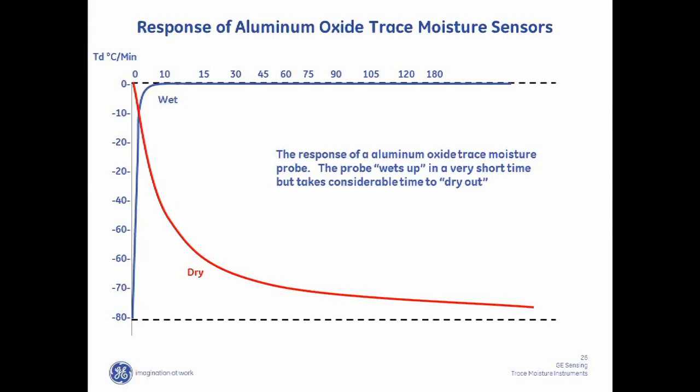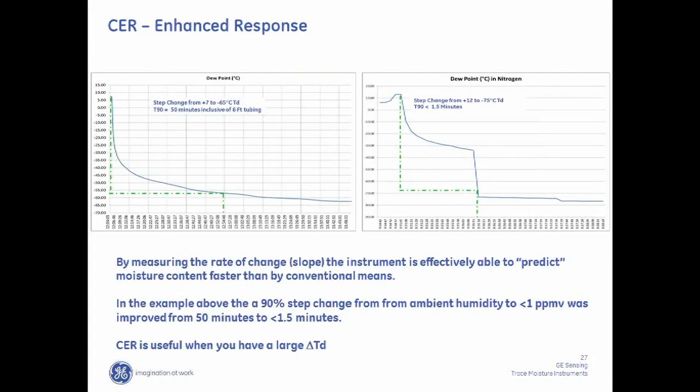And the way it does that is it looks at the slope, or the rate of change, and by looking at the rate of change it's effectively able to predict where the sensor is going to end up. So this becomes very useful on a dry down situation, particularly where you have a large delta T. It works very effectively for that by using this rate of change slope measurement as a way of predicting where the sensor is going to end up.